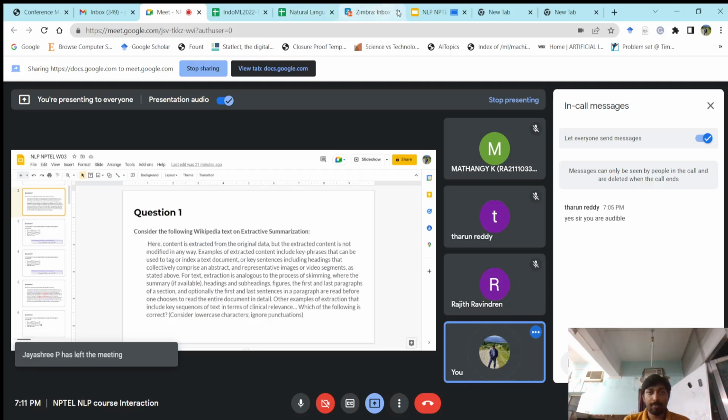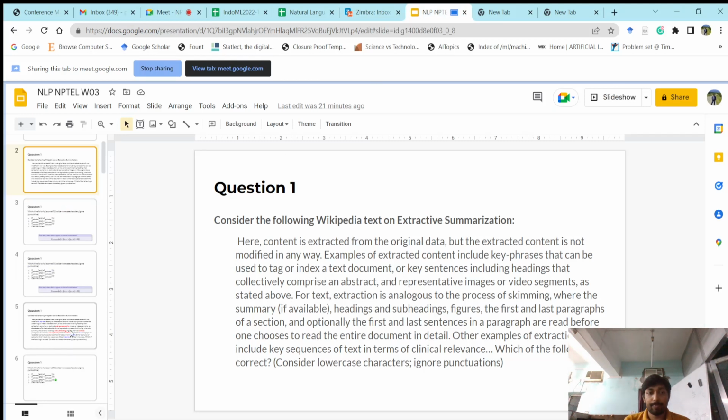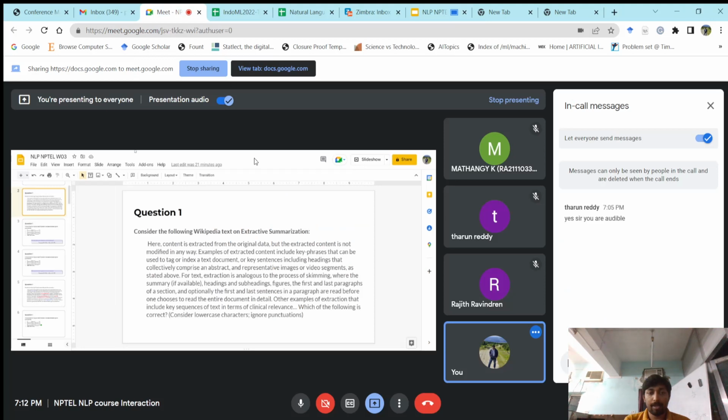Let's say for AND, can you tell me where the first combination is? So there should be a word before AND. Where can you find that in this text? Can you tell me one of them? Am I audible?